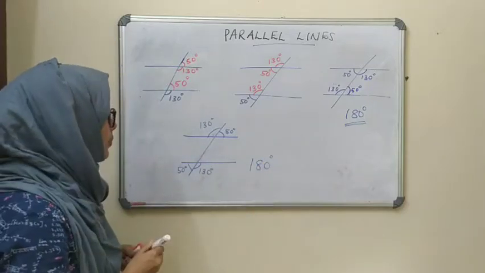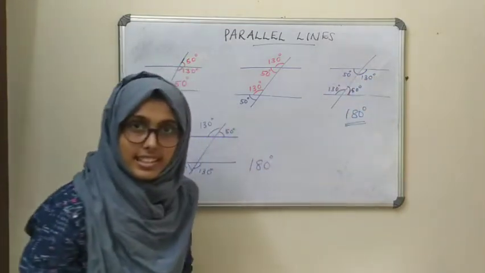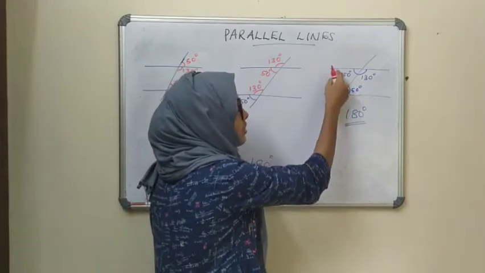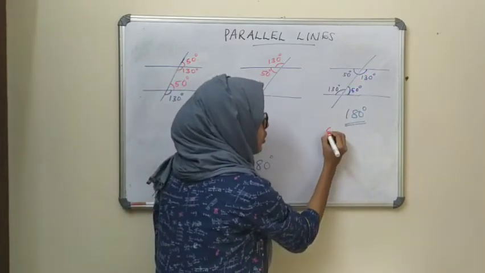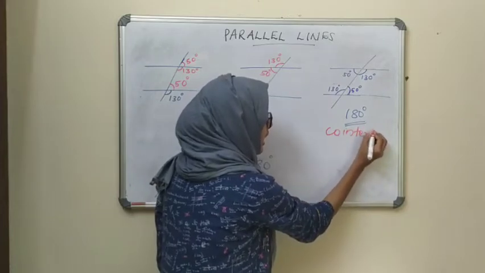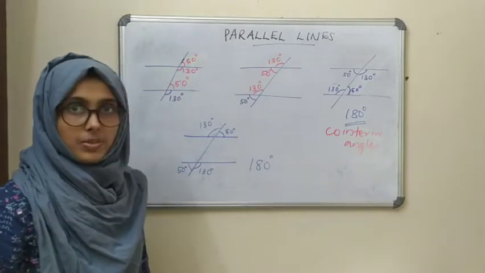Now look here. Here the angles are inside, isn't it? So these two are inside and these are also inside. So those angles are called co-interior angles. Co-interior angles. Okay.